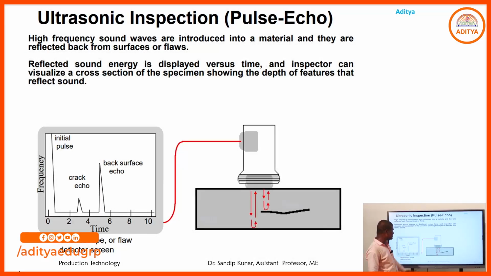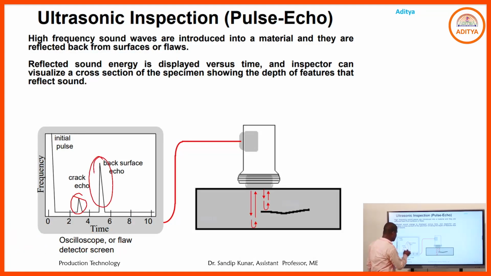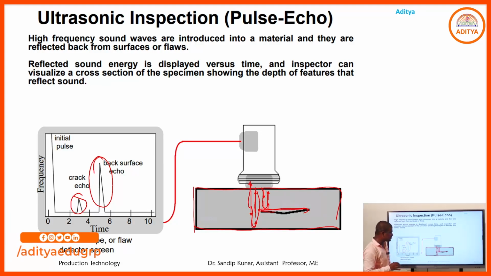In ultrasonic inspection methods, there is the back surface echo and the crack echo. We pass the ultrasonic wave, and if a crack is there, it will be reflected back. In a normal case, with a normal surface, the ultrasonic wave starts from that position and then returns, which may take maybe 1 second or some 100 microseconds. But if a crack is there, it takes less time, so fewer microseconds.